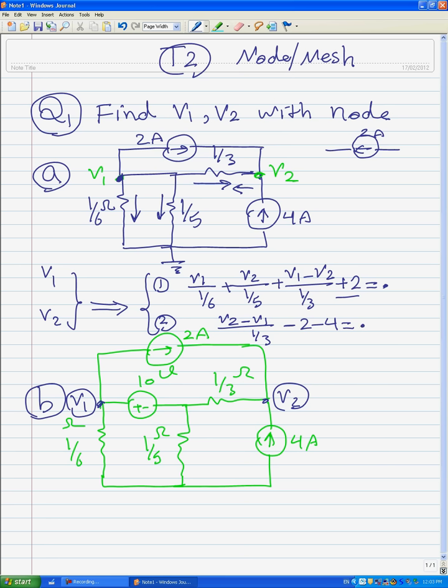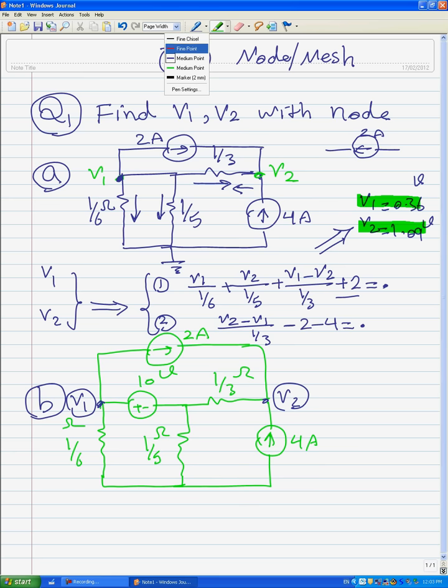To summarize, we have two equations and two unknowns. After simplifying, we can find V1 and V2. V1 is equal to 0.36 volts and V2 is equal to 0.9 volts. This is the final answers for part A.